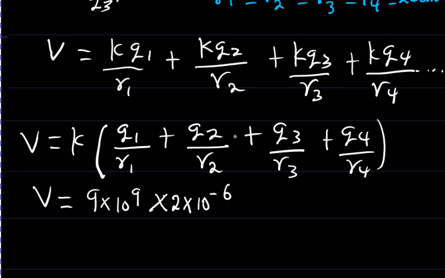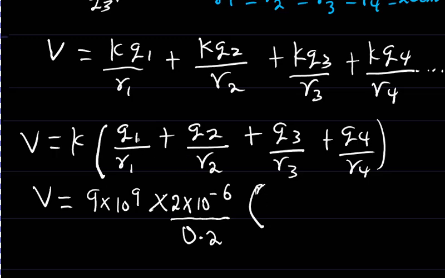The distance is also the same, which is 20 cm, that is 0.2. Since they are all the same, I just factorize it out. Then I have to open the bracket.